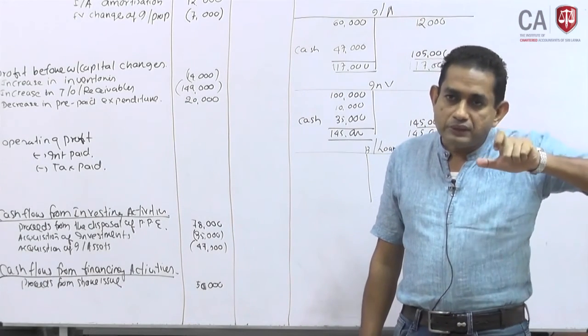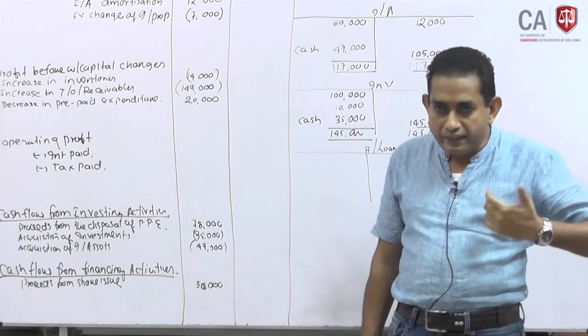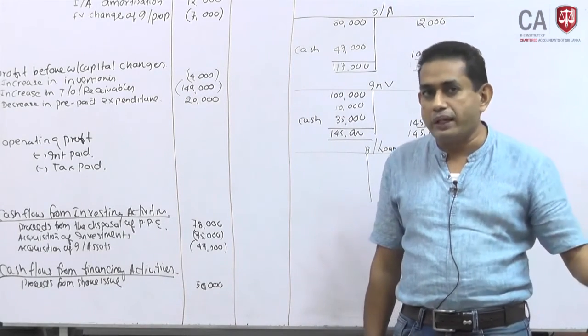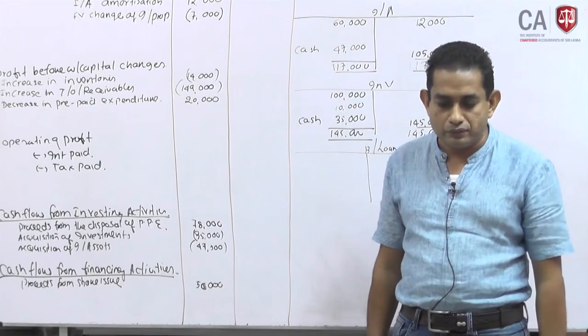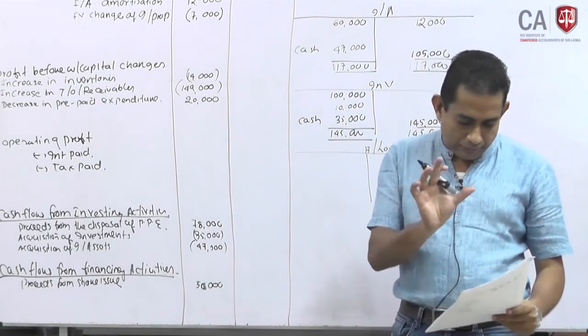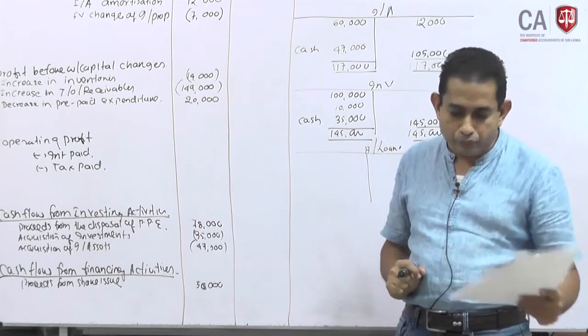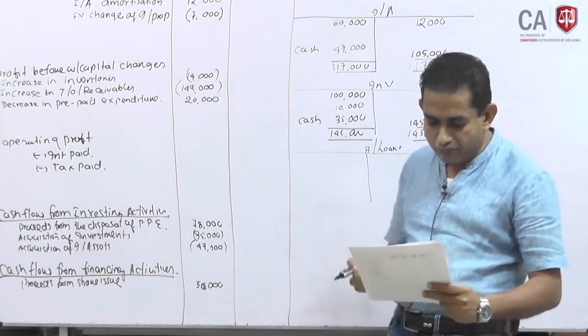So, the part of the bank loans that will immediately become due should be under current liabilities, and the balance has to be under non-current. So, that bank loans is scattered under current and non-current. Let me put them together to bring it as one single balance.